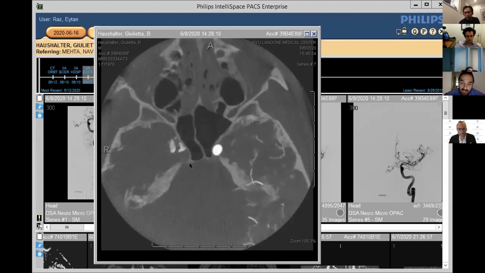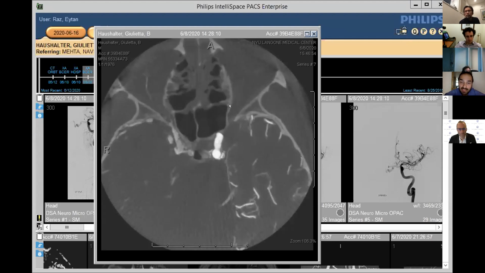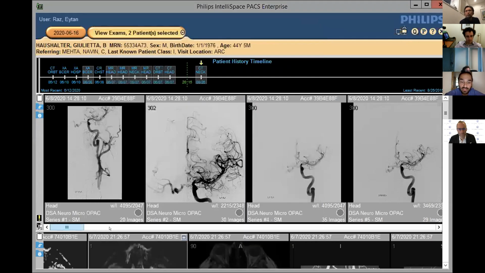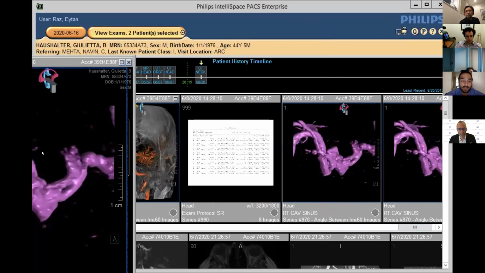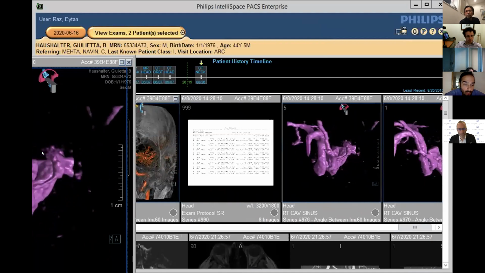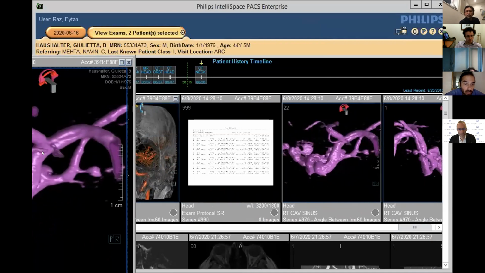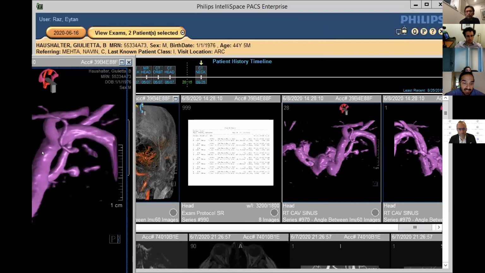So this turned out to be a very important sequence to create some reconstructions that I'll show you now. These are reconstructions of the right cavernous sinus made with this selective left ICA injection.